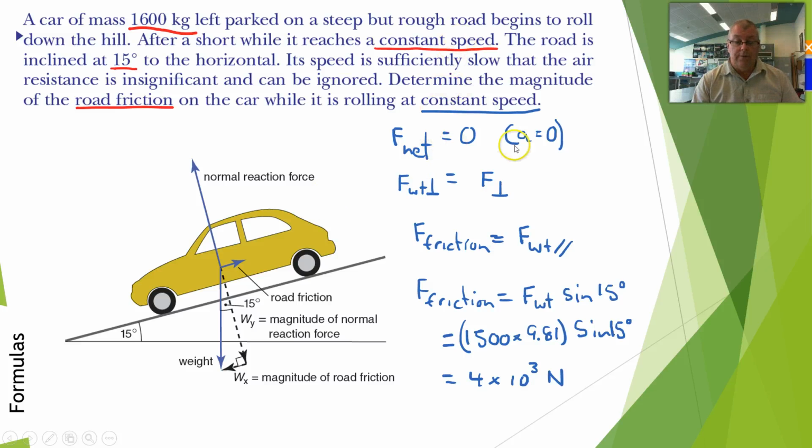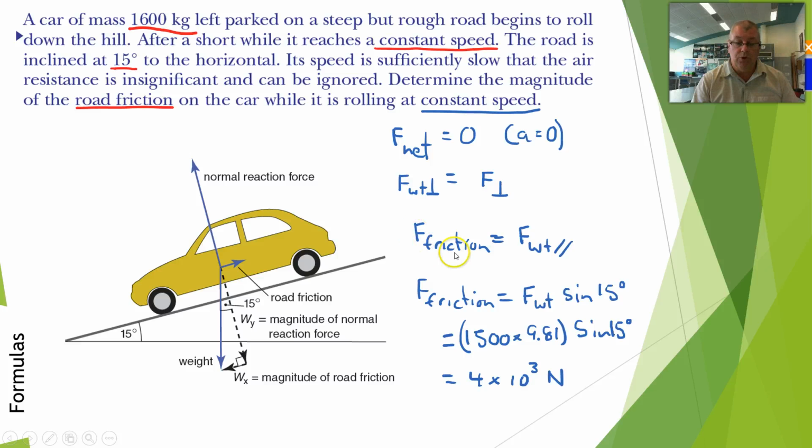So this is the logic of the working out though. So your net force is 0 because it's constant speed, no acceleration. And so your weight force perpendicular is equal to the normal force perpendicular. So that's that one there.